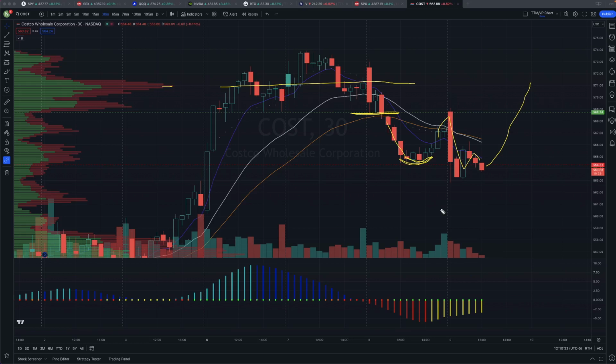Where are we going to find resistance if price starts working its way back up into there? Anyone? Bueller? Yeah. We are most likely going to reject in the short term off of this point of control level.